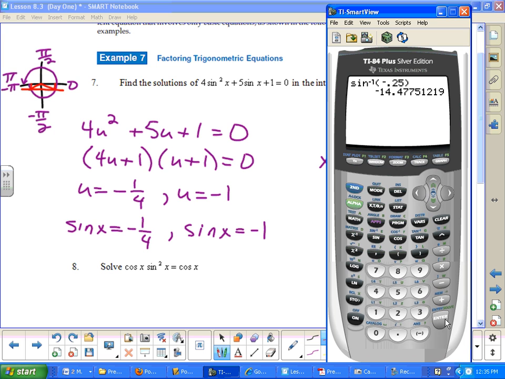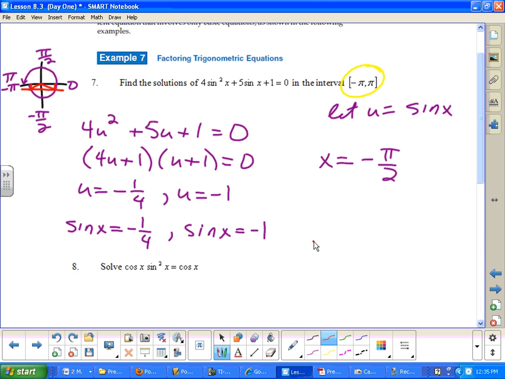This is definitely not in radians, correct? So let me change my mode back to radians. And we get negative 0.25 radians. Okay, is that between negative pi and pi? Yes, it is. Okay, so one of my answers here then is going to be also approximately negative 0.25.